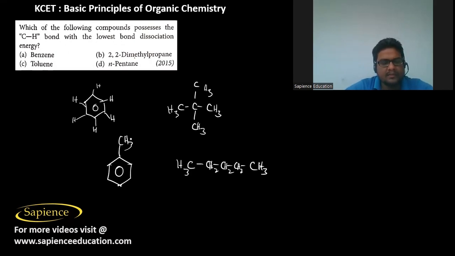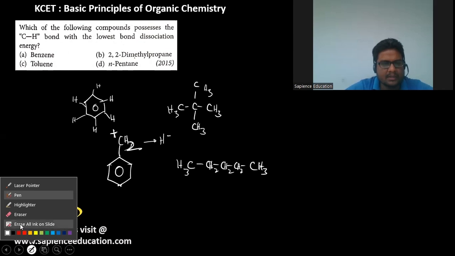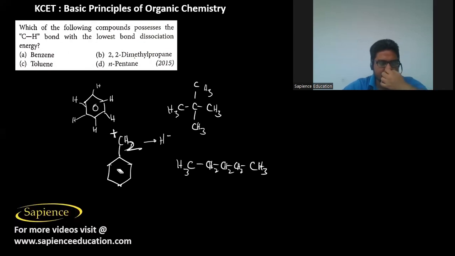When one CH bond is removed, then CH2 plus ion will be formed and hydride will be removed. So here the carbocation which is formed can form resonance with this benzene ring. There will be a resonance effect with this benzene ring.